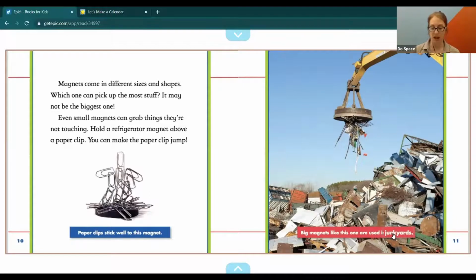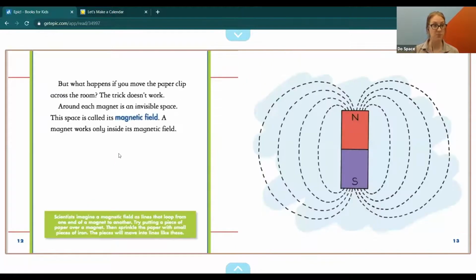And I'm going to show you how sometimes even magnets can attract things that they're not touching. We're going to do an experiment with that. But even little teeny magnets can be much stronger than bigger ones, which is why you don't always want to play with magnets by yourself. Make sure you have a grown-up with you, because magnets can be dangerous if they're too strong.